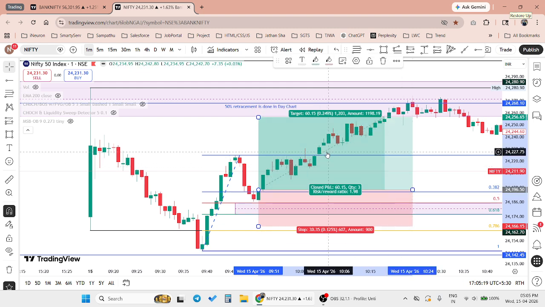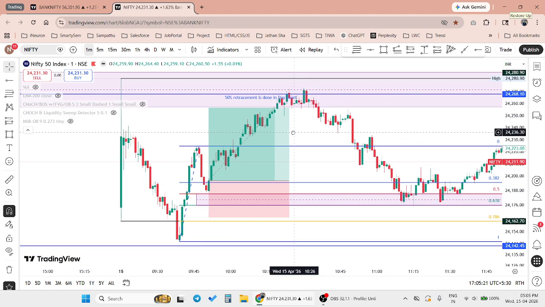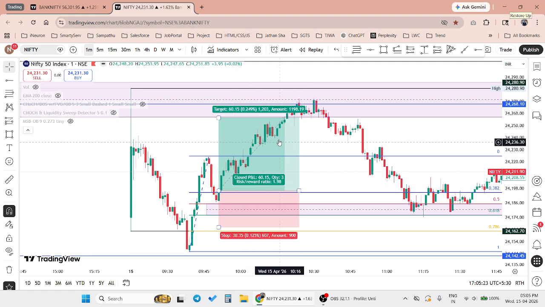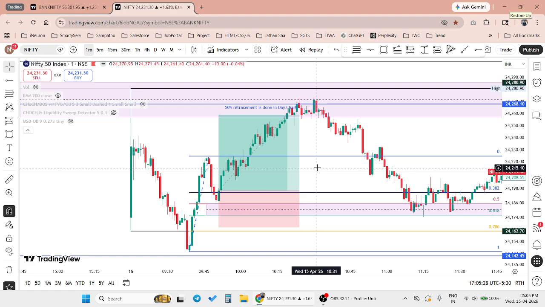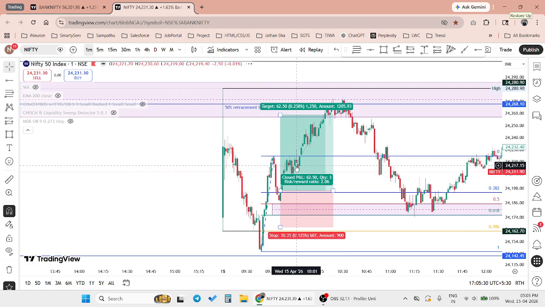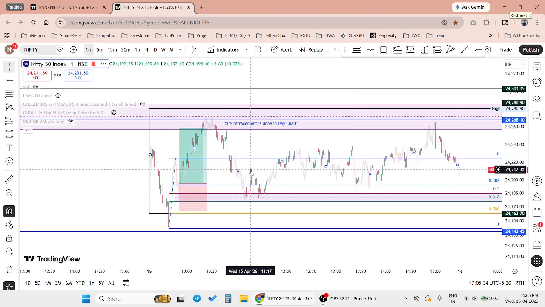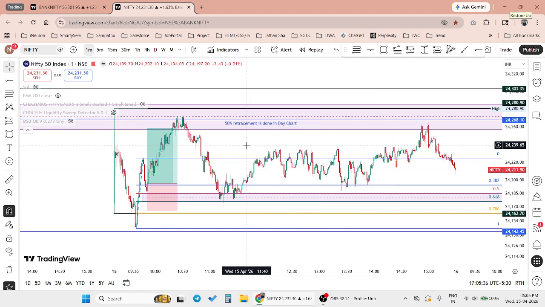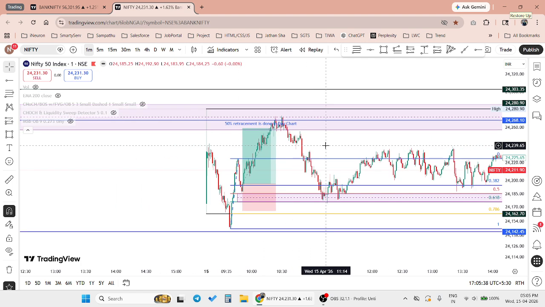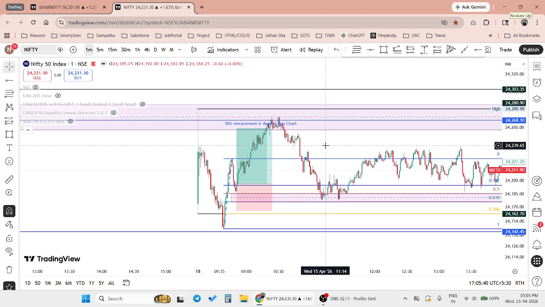We got a nice target here. 1:2 ratio, right? You got a 1:2 result. Then it is all sideways for the rest of the day. So this is the whole strategy of today's Nifty.